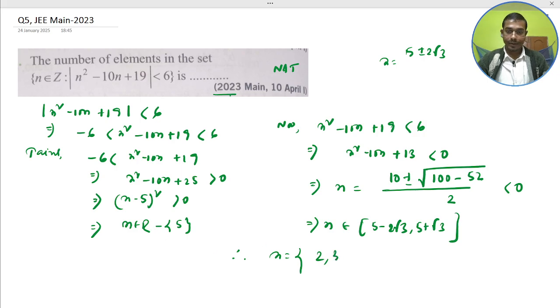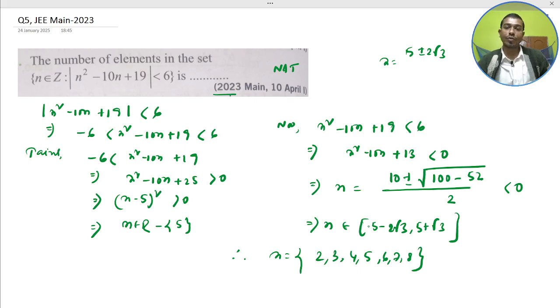So therefore n equal to, within the second bracket, 1, 2, must be 3, 4, 5, 6, 7, 8. I write this because here n belongs to R minus 5, and the other one 5 minus 2 root 3.